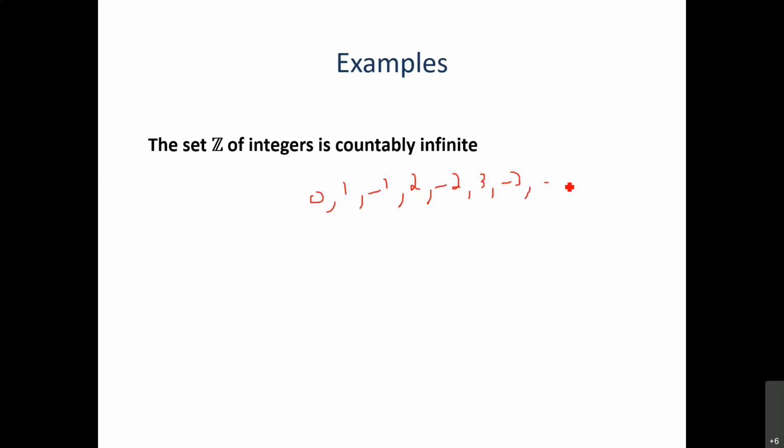If I keep going like this, I'm going to be listing all the elements in Z. Now I just have to relate them to my set n. So 0 will go to 0. 1 will go to 1. 2 goes here. 3 goes here. And so on.